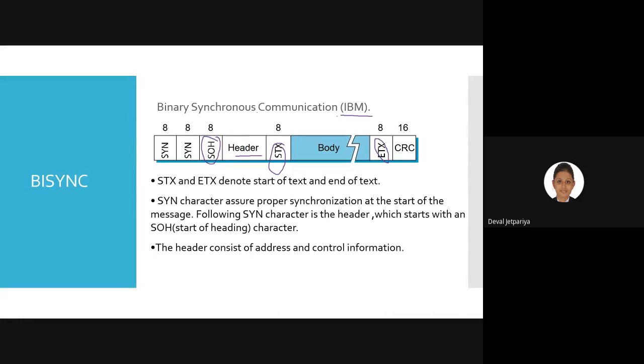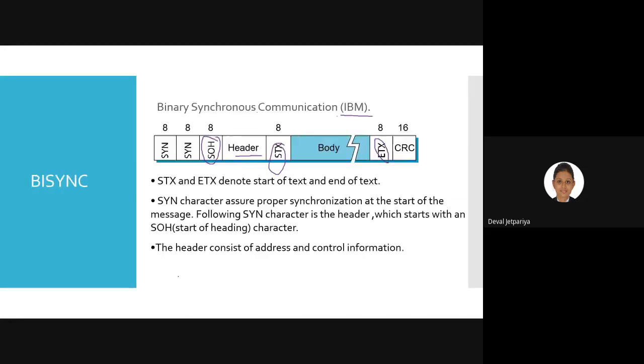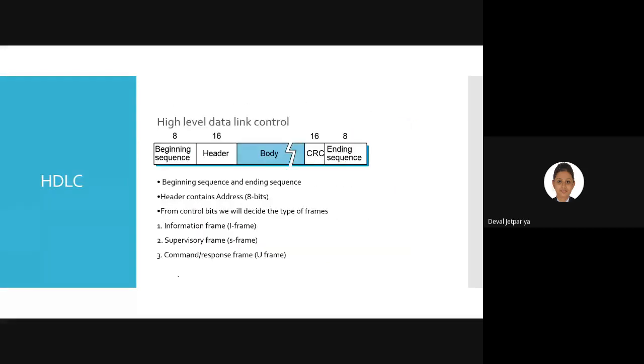This is in the case of binary synchronous communication, and here is the second one, the bit oriented protocol, for which we use HDLC, which stands for high level data link control.